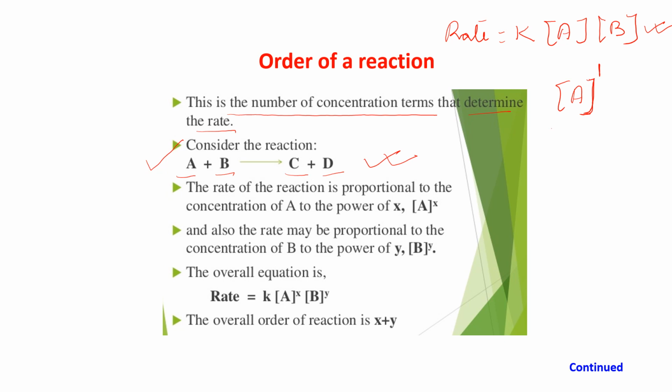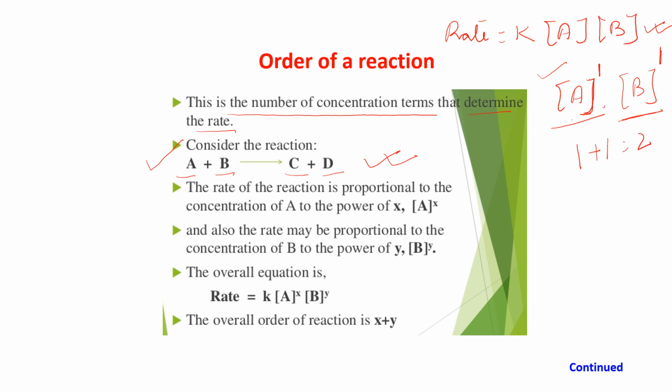So I can say that this reaction is first order with respect to A. Similarly, B is to the power 1, so the reaction is first order with respect to B. And the overall order of the reaction is 1 plus 1, that is 2.